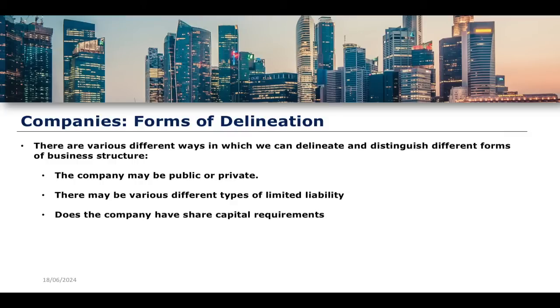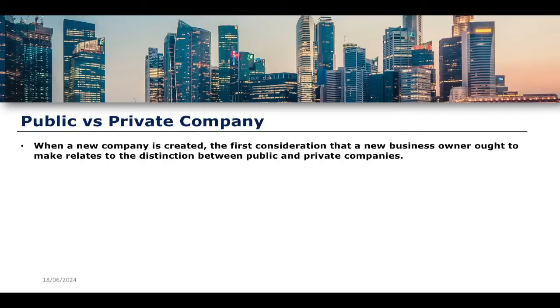There are also certain requirements for companies in certain industries and in certain areas, for example different share capital requirements, all of which are forms of delineation. The most important of these delineations, arguably, is the distinction between the public company on the one hand and the private company on the other.